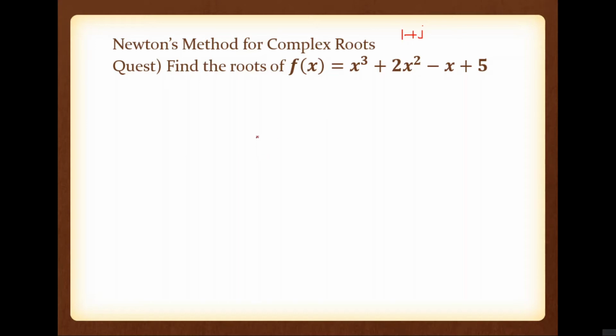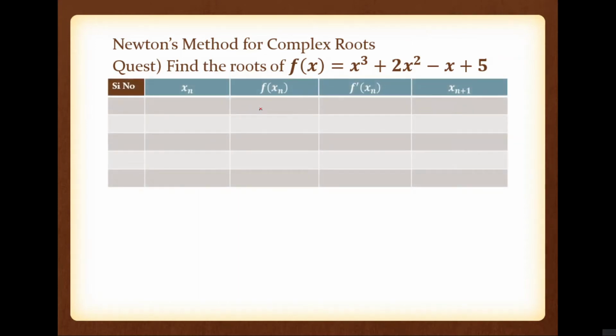So what do we need? We need the same tabular column. The initial condition is 1 plus j. So we are starting the first iteration. The initial condition is 1.0000 plus 1.0000j, because we are using 4 significant digits.